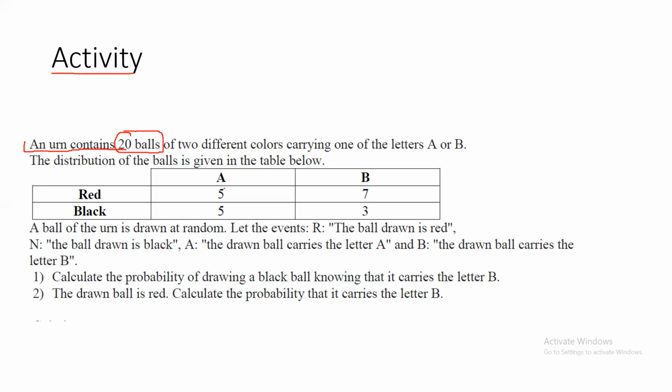The red balls: we have 5 that carry the letter A and 7 that carry the letter B, in total 12. The black balls: we have 5 that carry the letter A and 3 that carry the letter B, in all 8 black. We have 10 balls that carry the letter A and 10 balls that carry the letter B. Total, we have 20 balls.